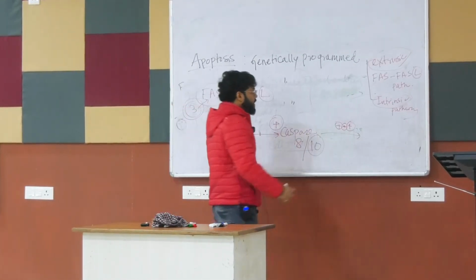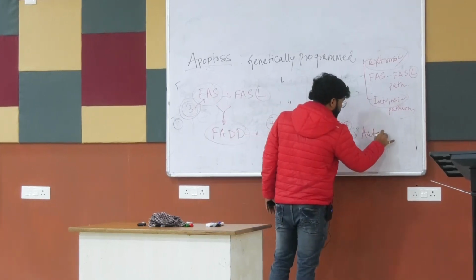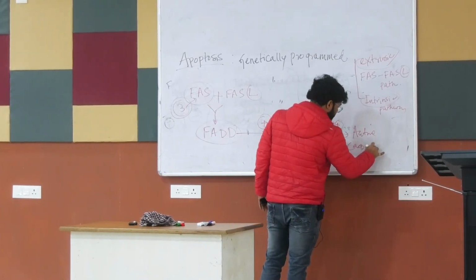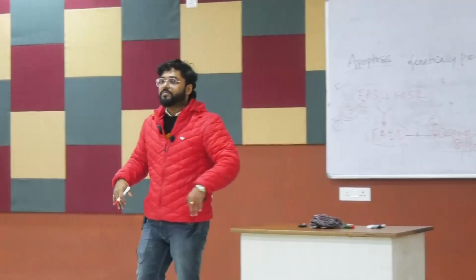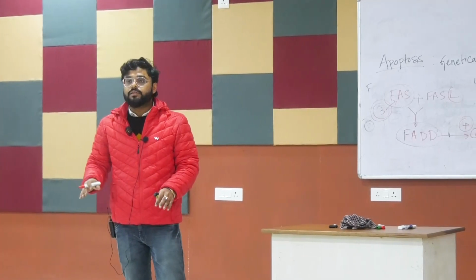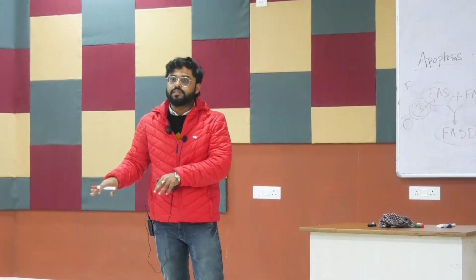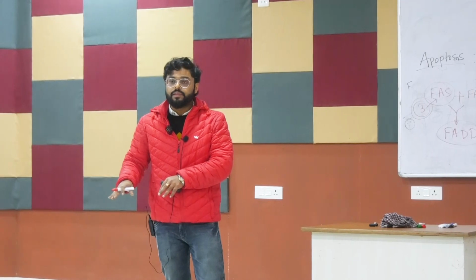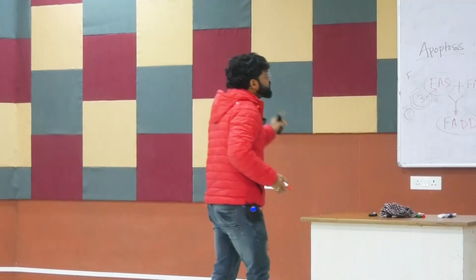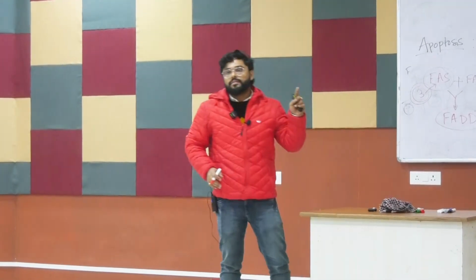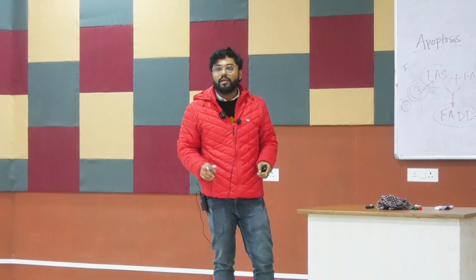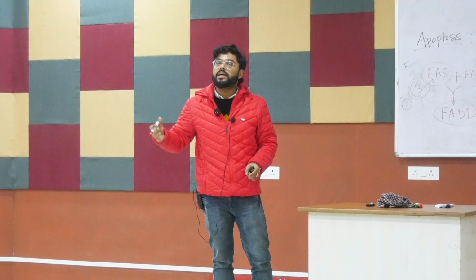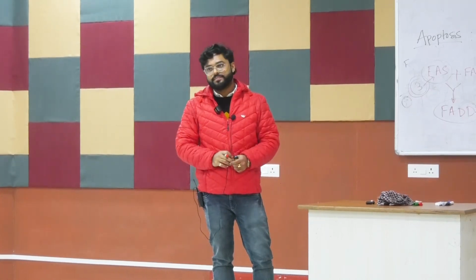So ultimately there will be activation of caspases, which in turn will initiate the execution. So this is the first type of initiation phase, which is known as the extrinsic phase, where the injury or the signal is coming from outside the cell.